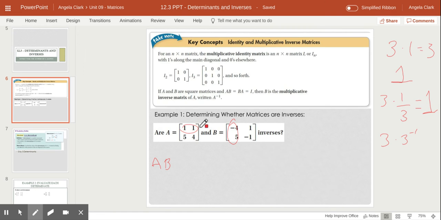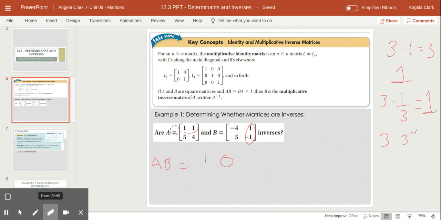So it's going to be negative 4 plus 5. Negative 4 plus 5 is 1. And then I'm going to do this row with this column. So I have 1 plus negative 1. Well, that's just 0.